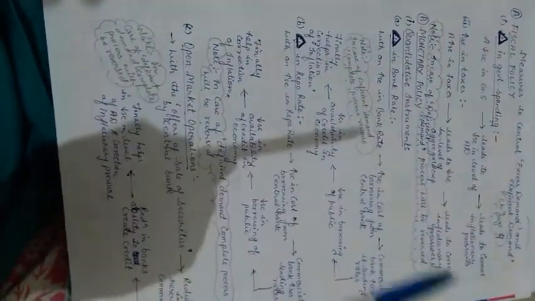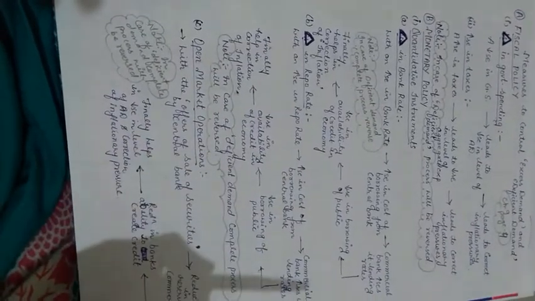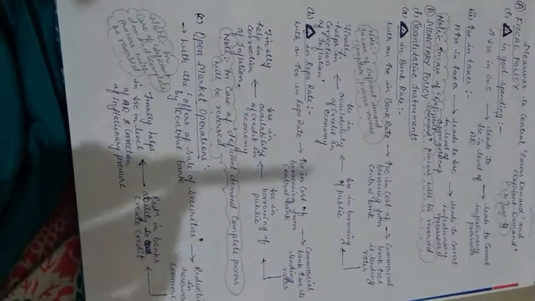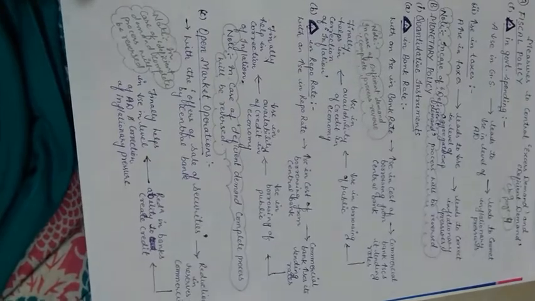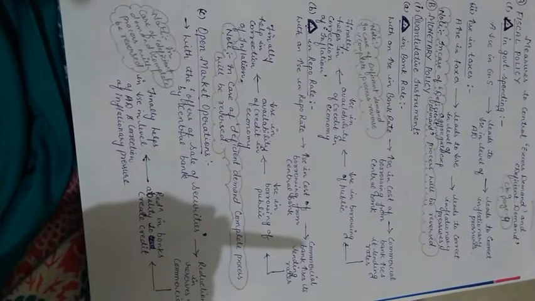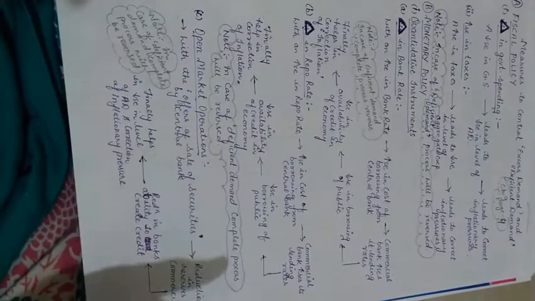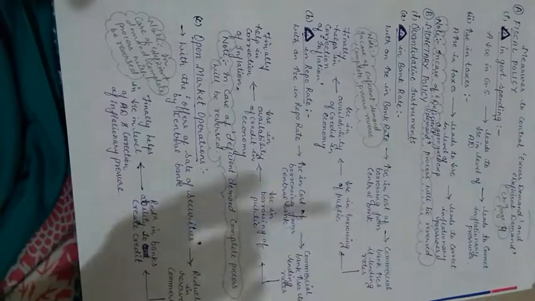Your increase sign will change into decrease, and decrease will change into increase. Inflation will change into deflation. Selling of securities will change into buying of securities. Permissions will change into dispermissions. So these are the necessary opposite effects which you have to write in your deficit demand.